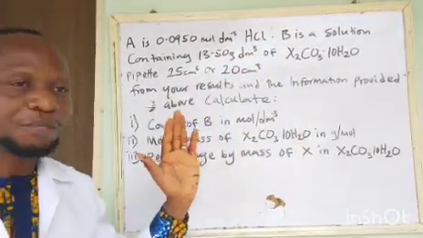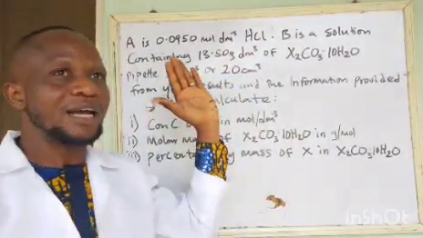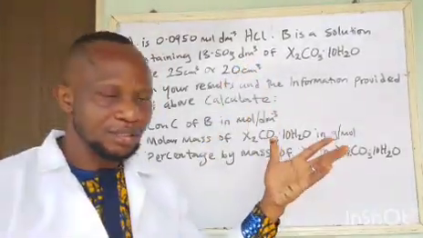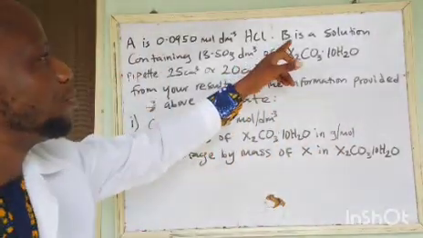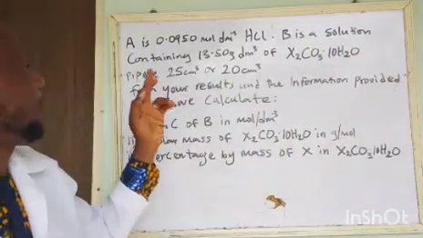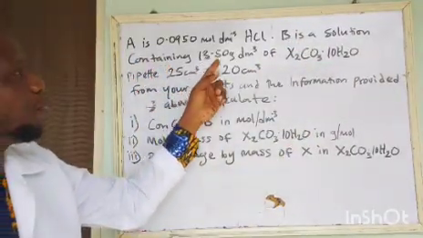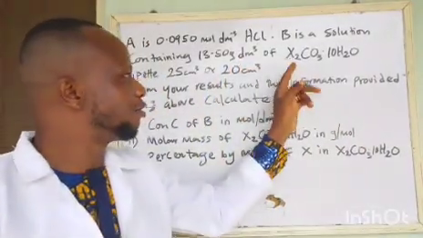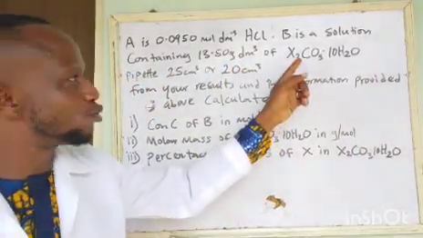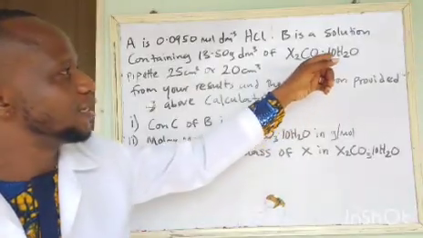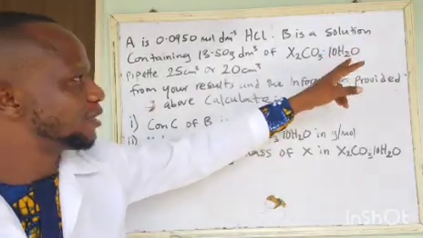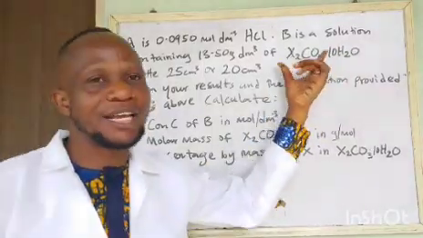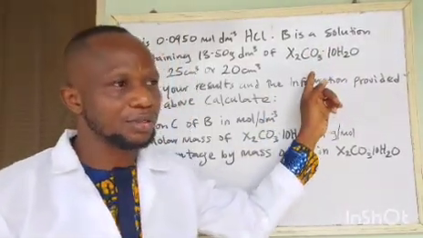So the information is telling us that it is an acid-base titration because HCl is an acid. Then B is a solution containing 13.50 gram per dm cube of X2CO3 decahydrate, that's 10H2O. That is a hydrated carbonate salt.